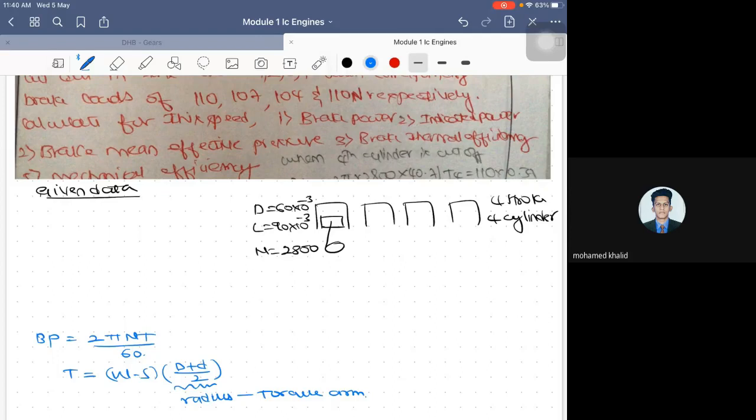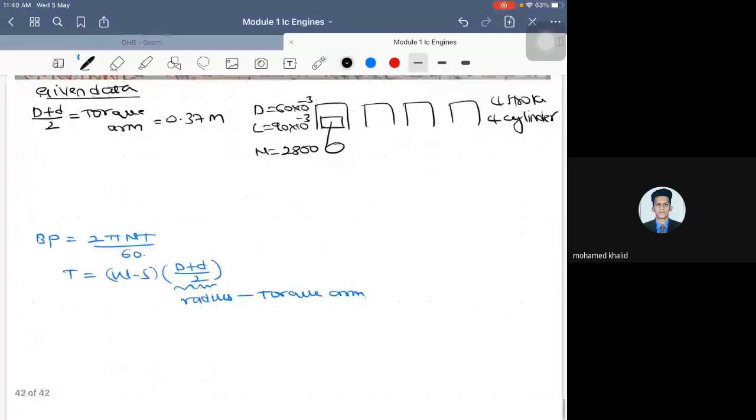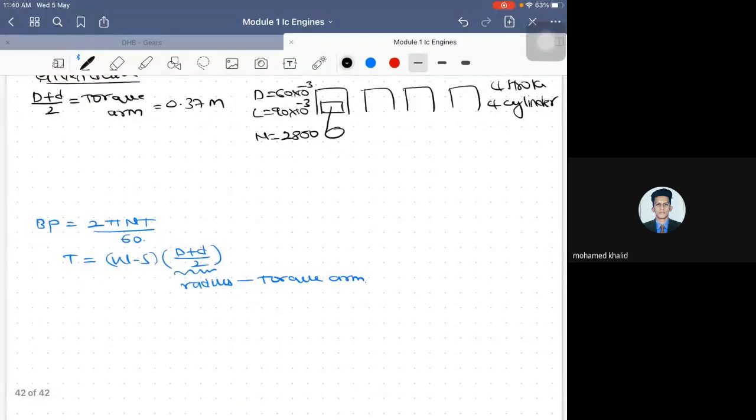So that particular parameter he has given. That is why I'll be taking it as capital D plus small d divided by 2, which is nothing but the torque arm. How much is the value of the torque arm? It is 0.37 meters. The net load on the brake drum, what is it?